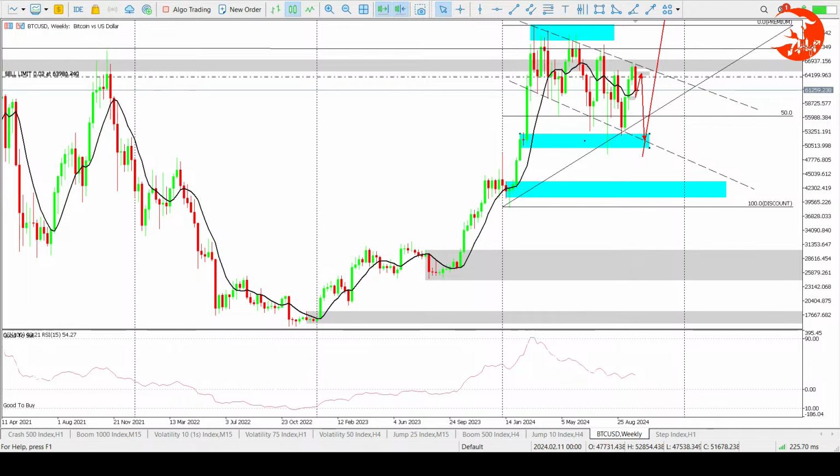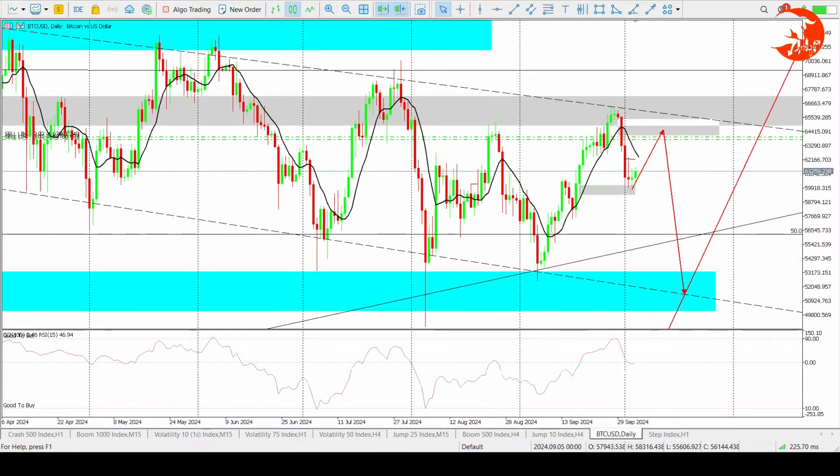This one somehow never reached, but what we can see is it's standing to become a support level right now. So we will be looking at taking advantage once price gets back to that level and then comes here.